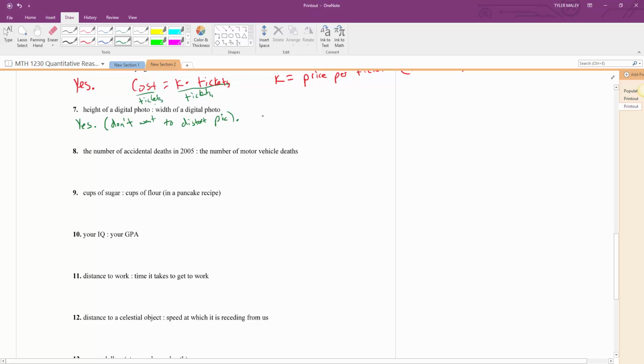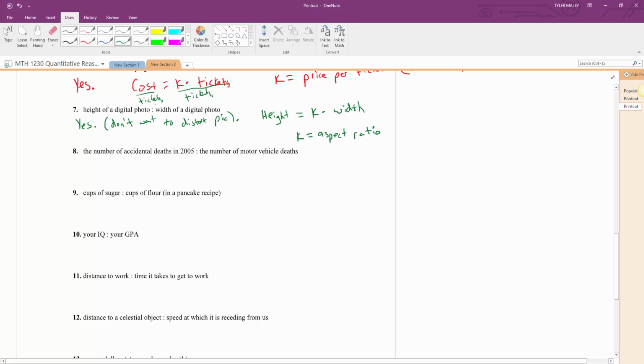So the equation we could get here is we could say height equals k times the width, right? So k is my constant, and I said this earlier, but in the IT world we call this the aspect ratio. Aspect ratio, right?